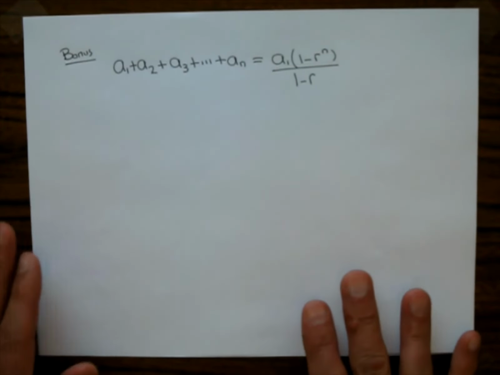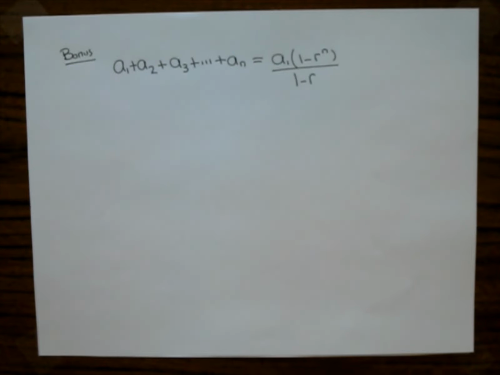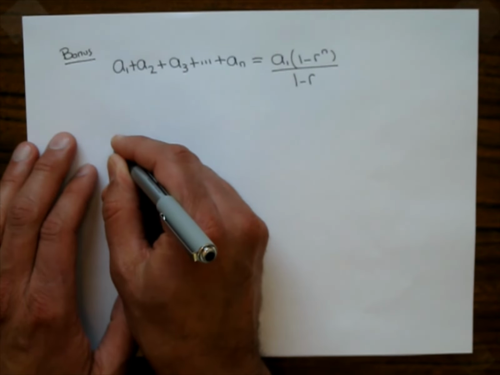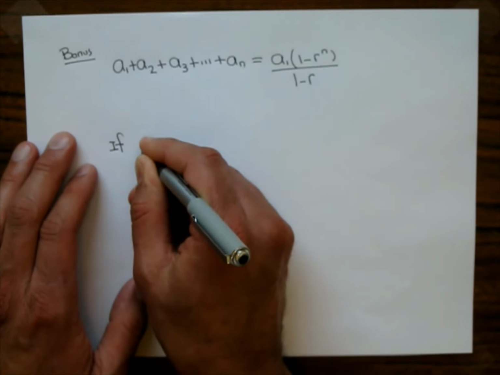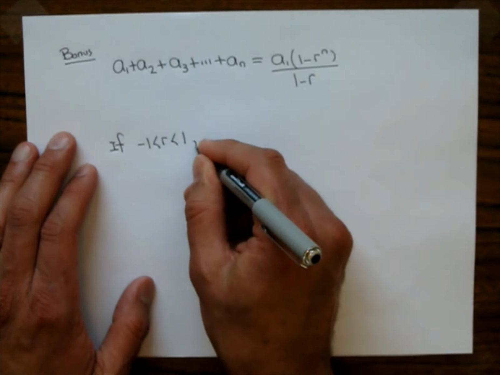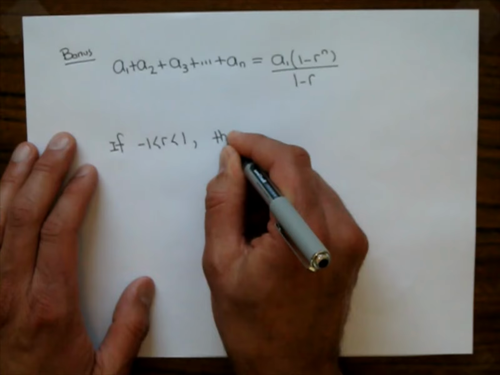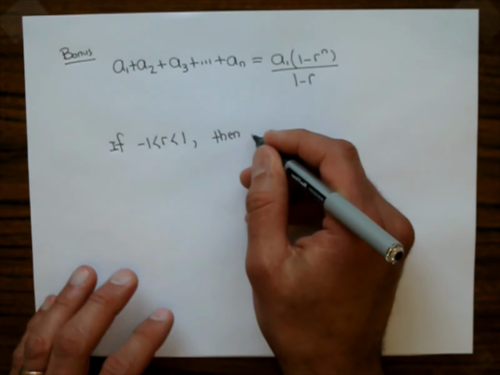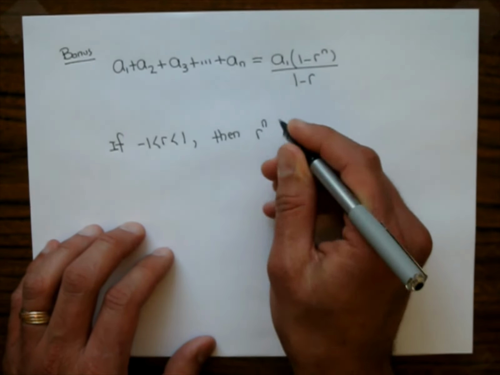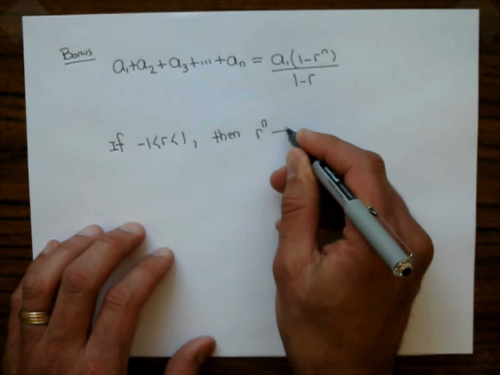The last thing that I want to show you is sort of a bonus. You could probably stop the video right now. That was probably pretty boring watching me do some arithmetic. But I want to say this, and this will come up in calculus. If r is between -1 and 1, think about this, like if r was 0.5, and then you went 0.5 to a really big number, you can do that on your calculator.